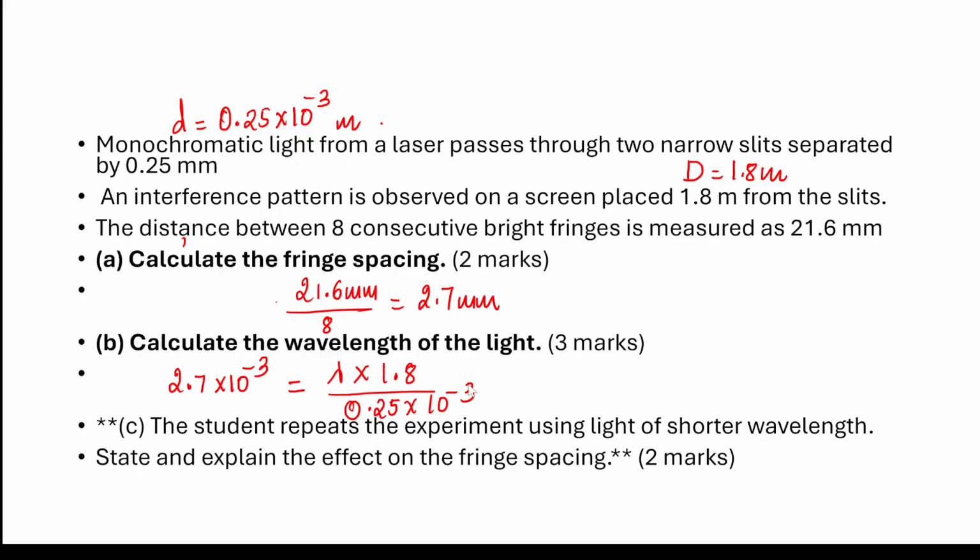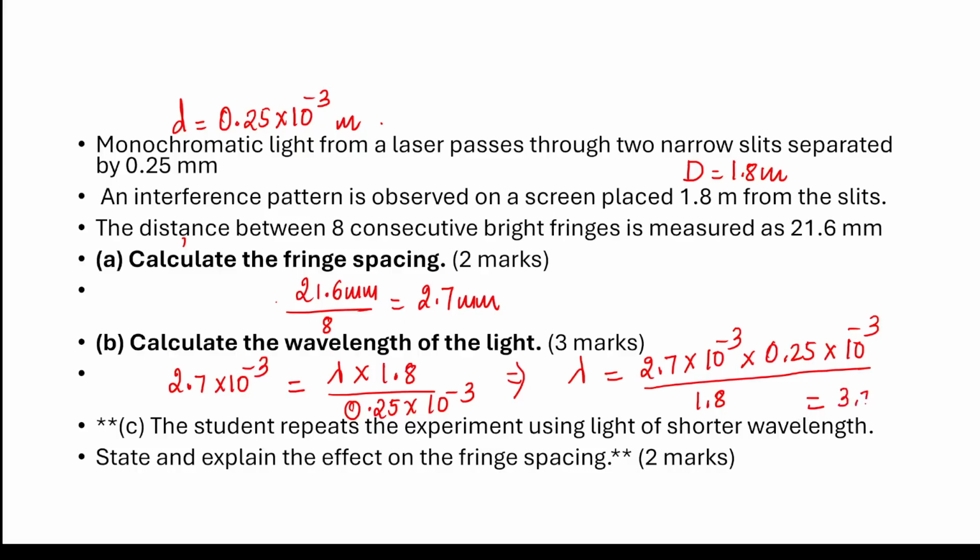So 2.7 times 10 to the power minus 3 times 0.25 times 10 to the power minus 3 divided by 1.8. This is giving me the answer as 3.75 times 10 to the power minus 7 meters.